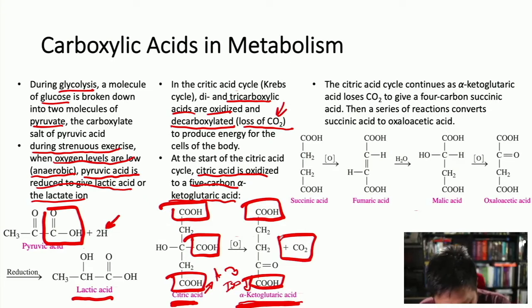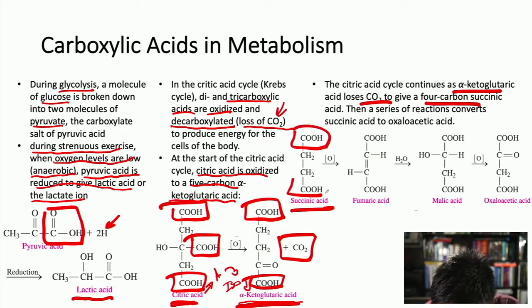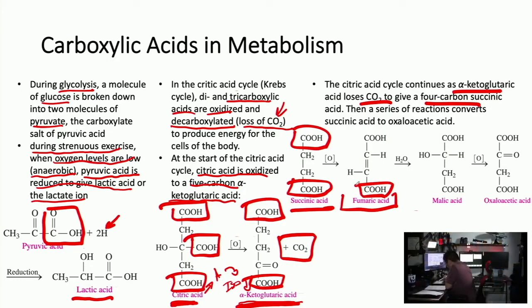So the citric acid cycle continues. As alpha ketoglutarate loses a second CO2 to give the 4-carbon succinic acid, right? And then we still have 2 carboxylic acids there. And then fumaric acid, or fumarate, after it gets oxidized, still has 2 carboxylic acids there.